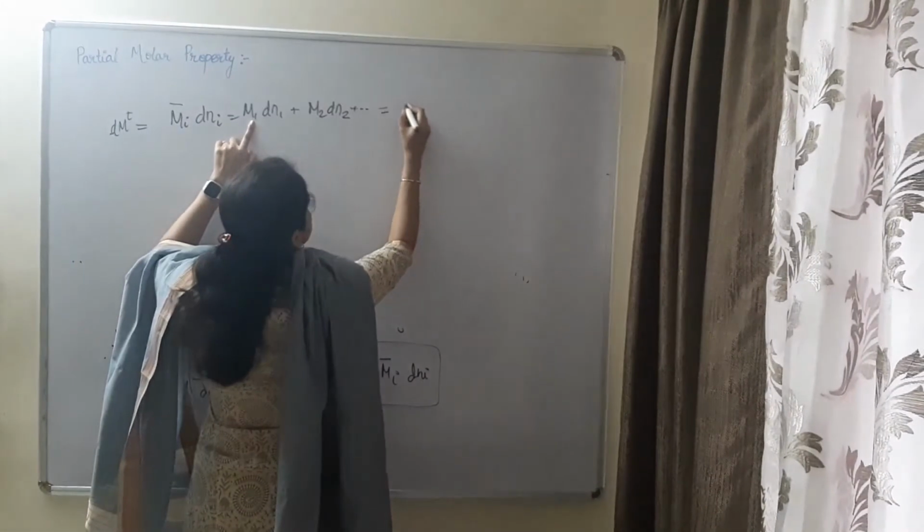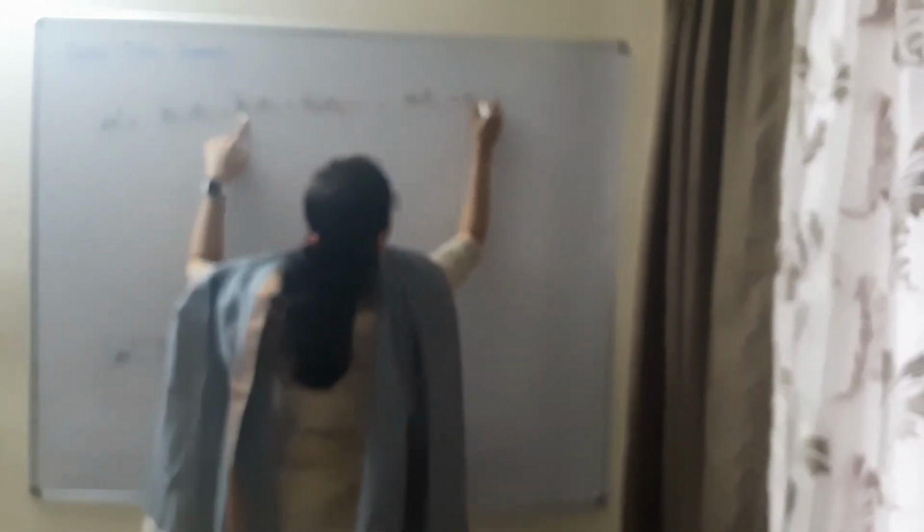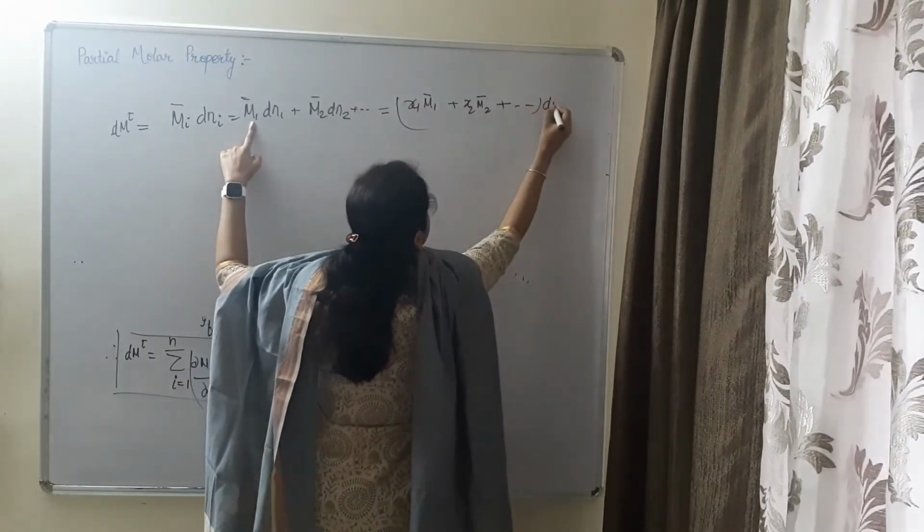If there are multiple components, then you can write so on. So you can convert this to x1 m1 bar plus x2 m2 bar and so on, and dn.